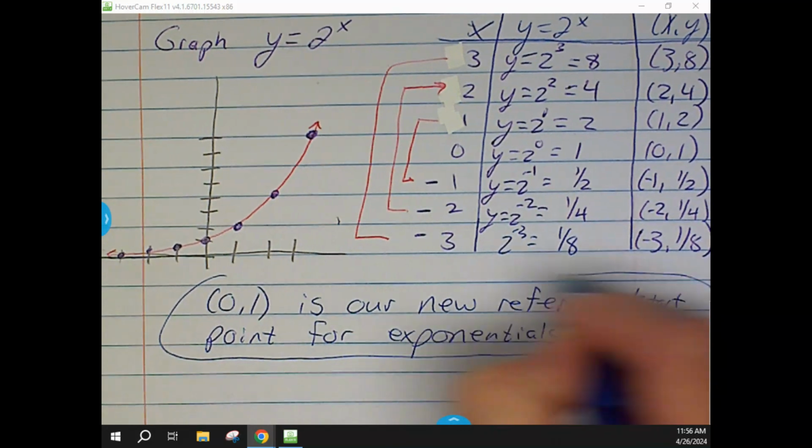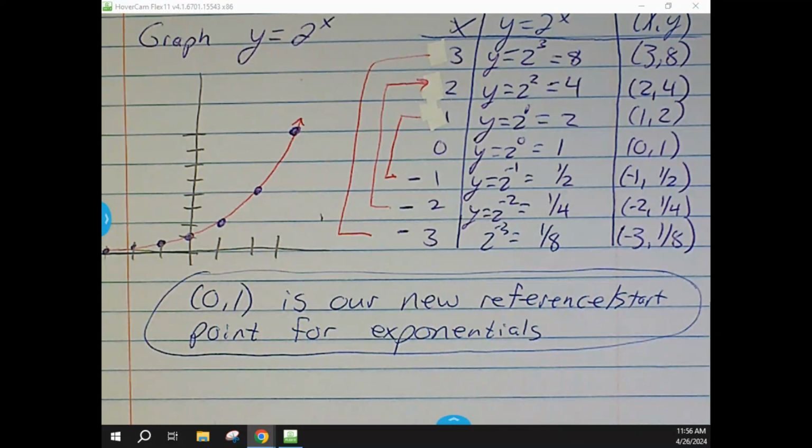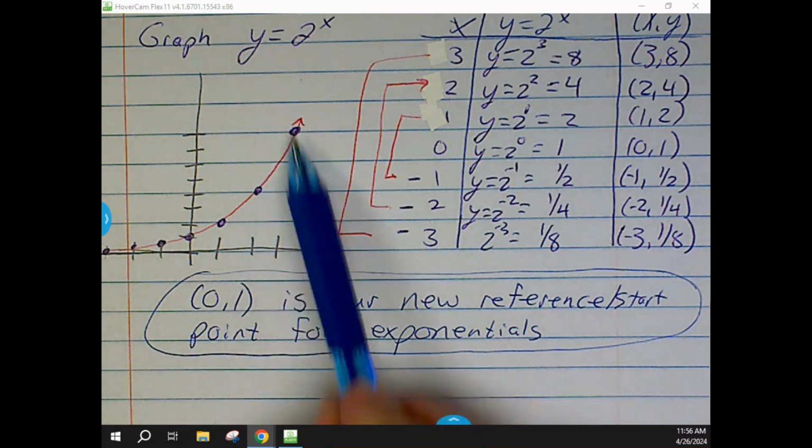So that's one little thing you've got to kind of put back for a little bit because, again, instead of starting at 0, 0 now, all these graphs really are going to start at 0, 1 for all the stuff that we're going to do. Okay, and now in every exponential graph that we do, as long as the base is bigger than 1, they're all going to look just like this.